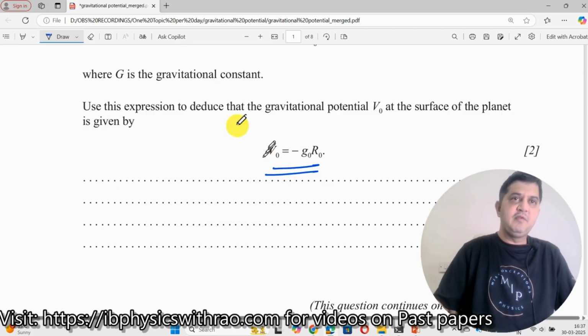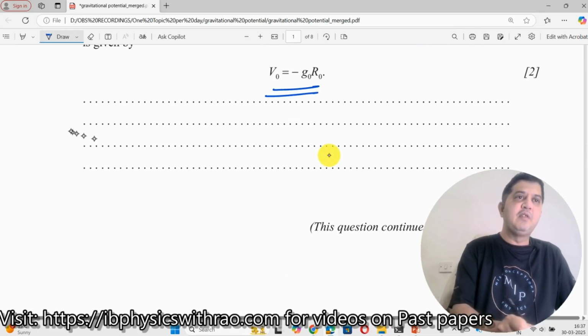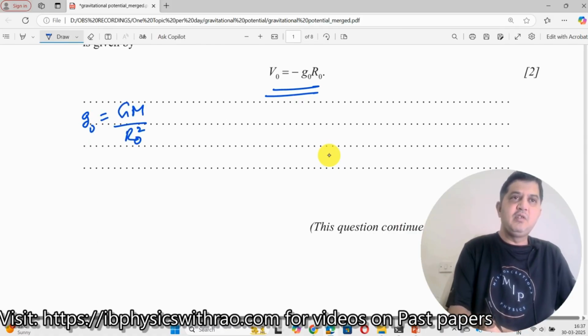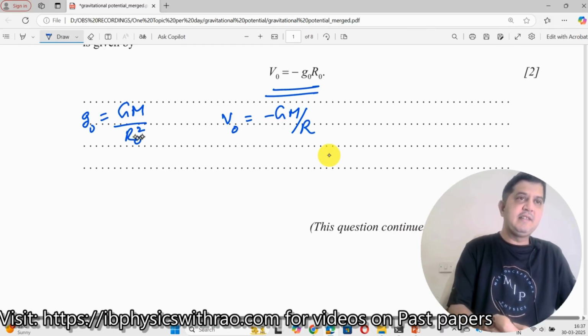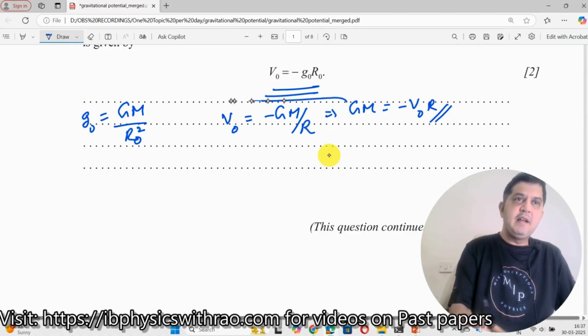So what is known to you? We know g naught is equal to GM divided by R square. This is known to you. Now we also know that V0 is equal to minus GM by R. From this we can write GM is equal to minus V0 into R. Now we take this value of GM and substitute it over here.